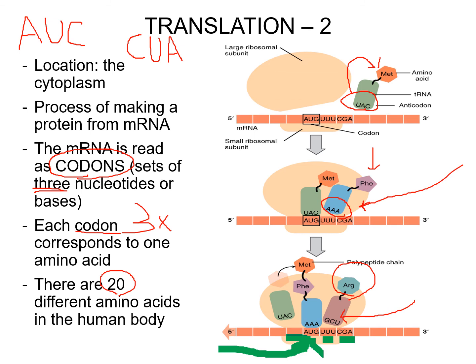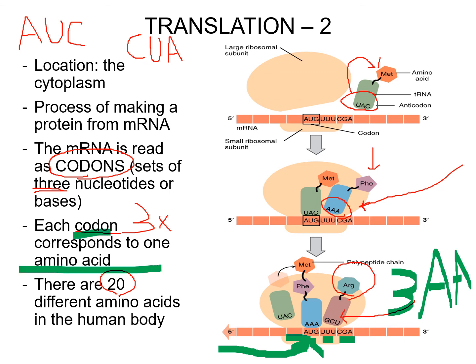And what that's going to mean is it's going to code for 3 amino acids. So one codon codes for 1 amino acid. If I have 52 codons, I'm going to have 52 amino acids. And if you put 52 and 400 amino acids together, you're going to get your proteins.